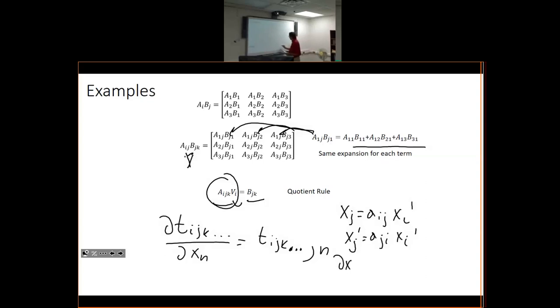Then we can differentiate: dx_i prime over dx_n would be the same as a_ji dx_i over dx_n. So in other words, the derivative of the coordinates is a first order tensor.